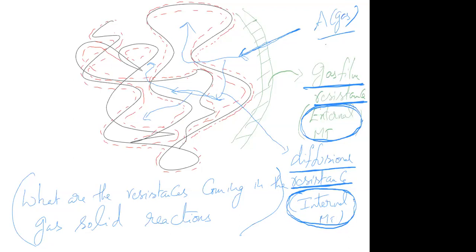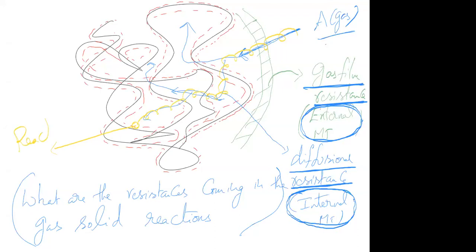Once these two are over, then what happens? I'm following a particle which has crossed the diffusional resistance. Then it has to sit on the surface. On the surface, what is the resistance you have?